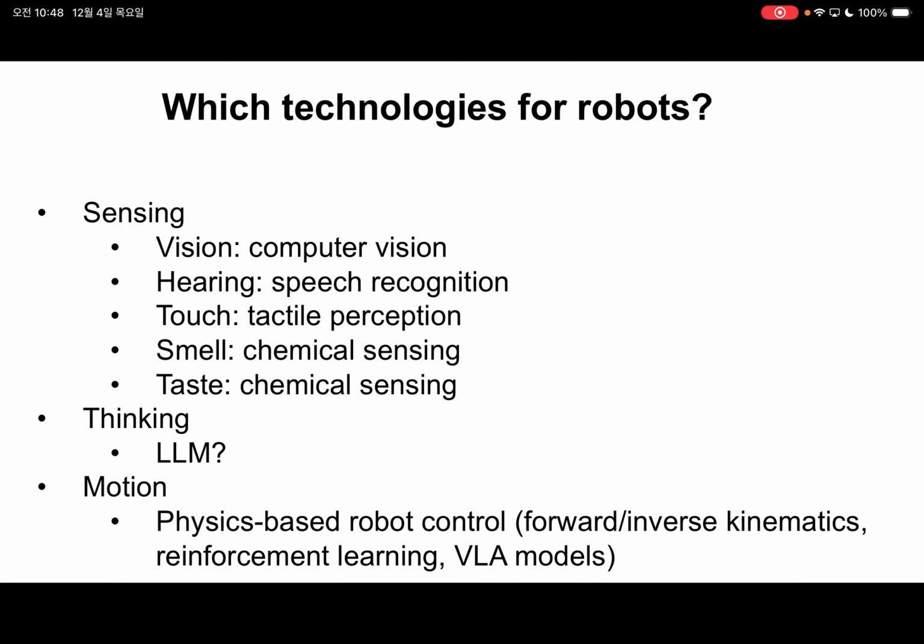For the eyes, vision, computer vision; hearing, speech recognition; touch, tactile perception; smell and taste, chemical sensing; thinking, maybe LLMs; and motion, physics-based robot control. This is the major focus for the remaining classes. For physics-based robot control, we need to get familiar with forward and inverse kinematics, reinforcement learning, and these days, vision language action models.